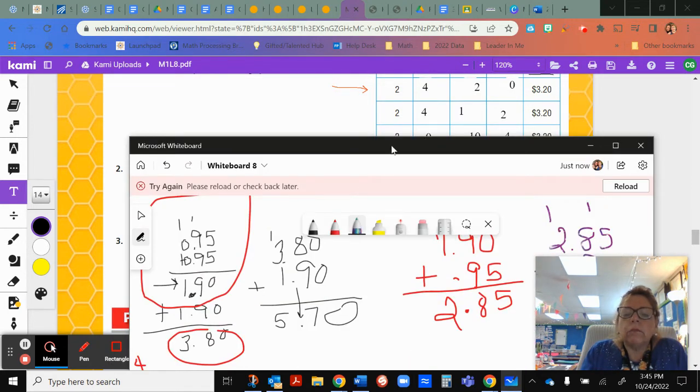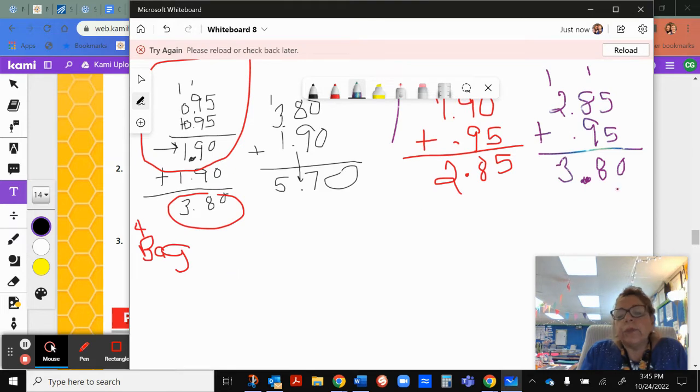Oh, wait. That was 3. We already said it was 4. I needed $3.80. You see what I just did? I confirmed what I was just saying. Remember how I said that $3.80 was the cost of 4 bags? Look at that. That's the cost of 4 bags.